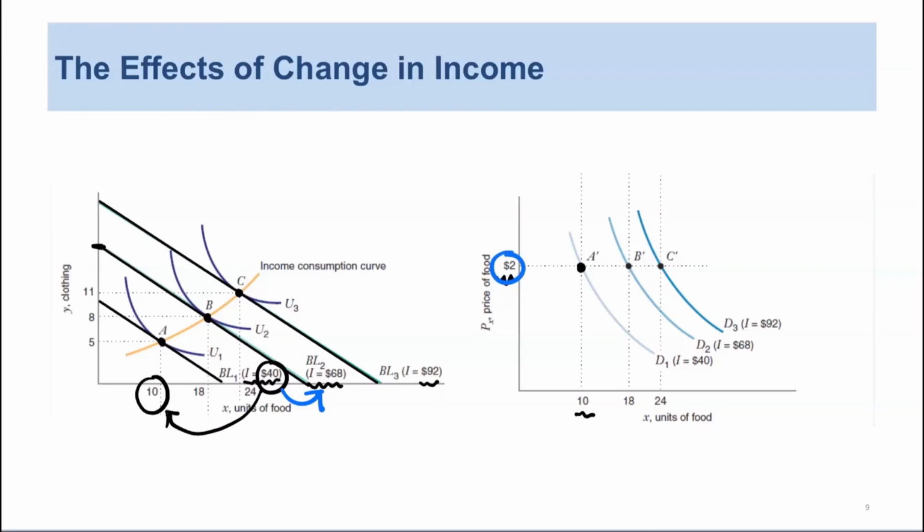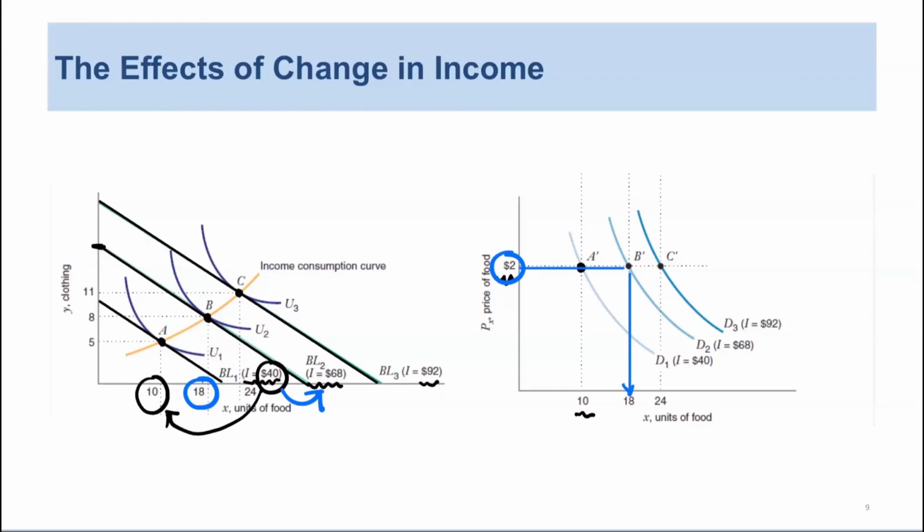In that case, optimal demand is going to be 18. So given the same price, demand increased from 10 to 18.